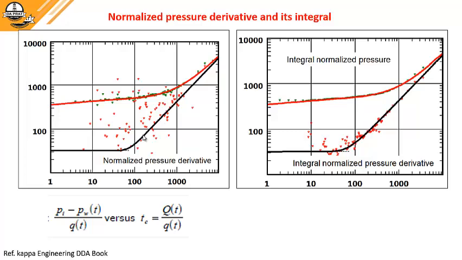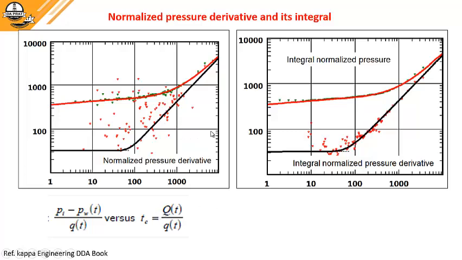But when you deal with flow rates, unless you have a spinner continually monitoring the rates, you have to deal with the daily productions, and in that case it is suggested to use this equivalent time. So you have your normalized pressure here versus this equivalent time.